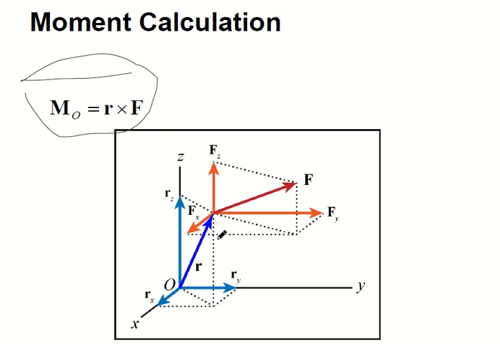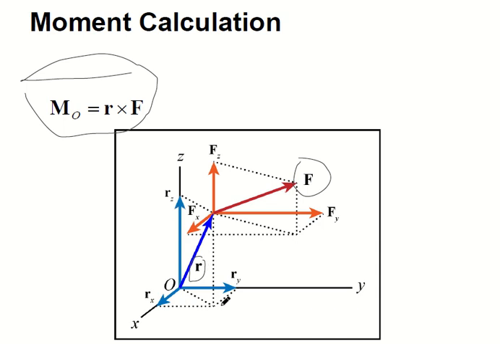Right now we are in a 3D environment, which means you have your X, Y, and Z axes, and your point of interest right there, and then you have your force, and then you have your location, which is the position.